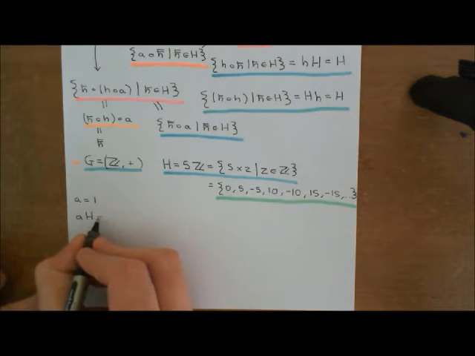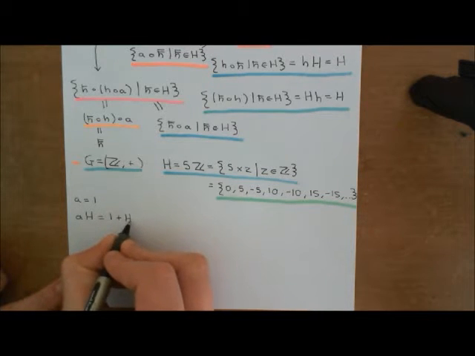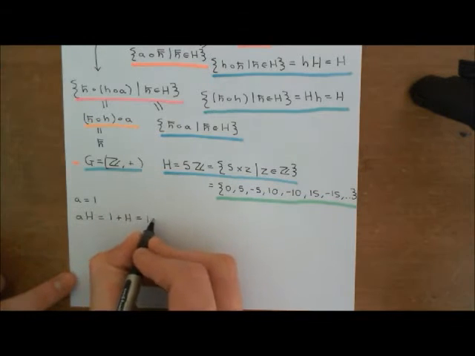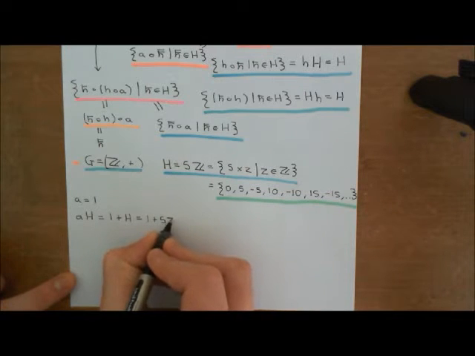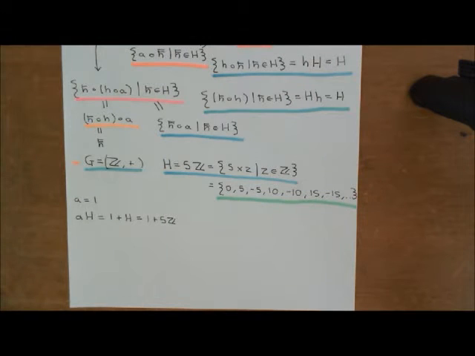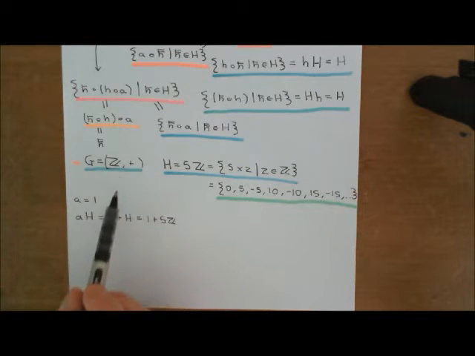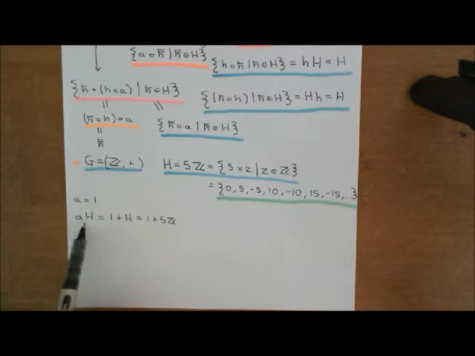Sometimes people would write this as 1 plus capital H, or even 1 plus 5Z if you wanted to substitute 5Z in for capital H, because here our composition is called addition. When your composition is called addition, it's more conventional to put in the plus sign, because written like this it looks as though it's multiplication.